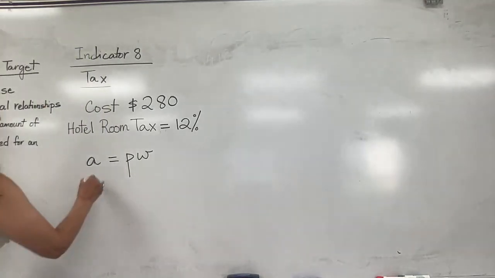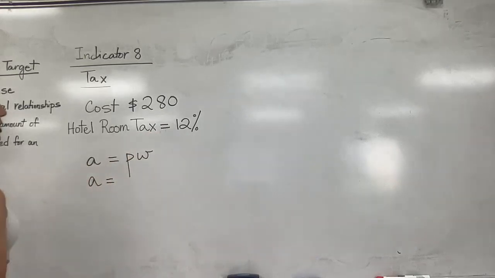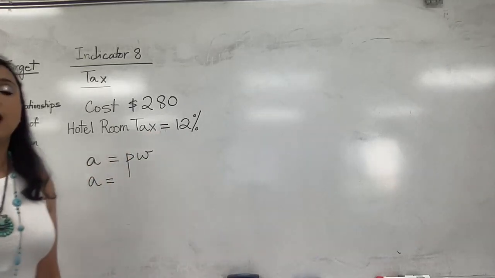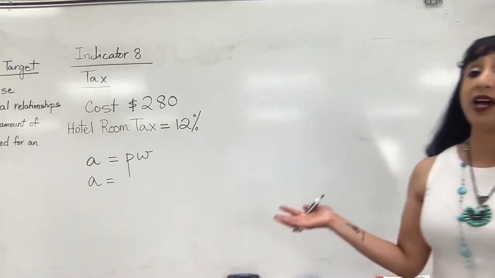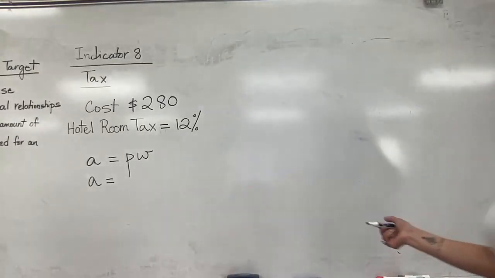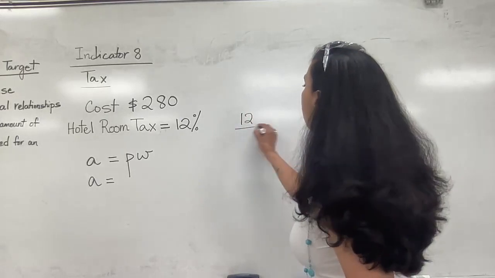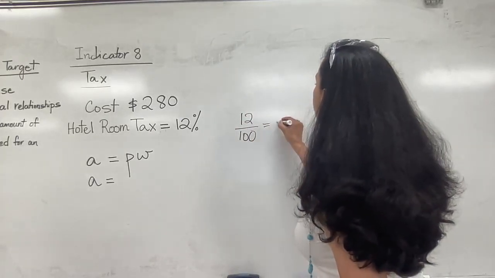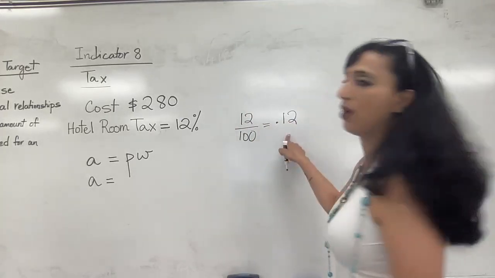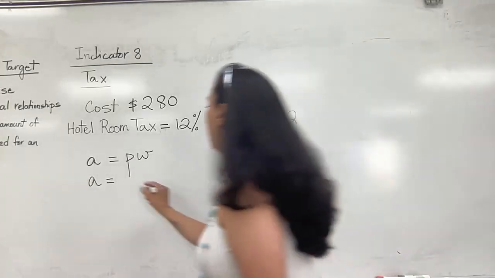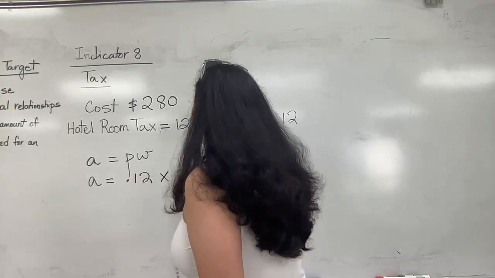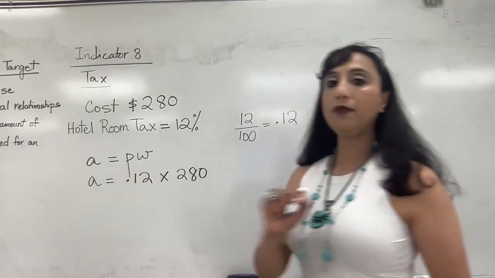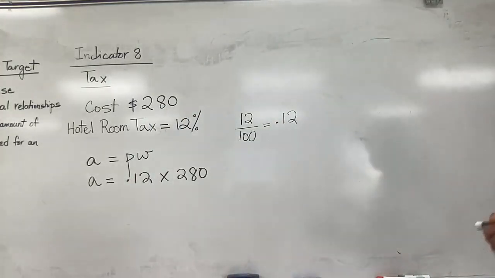So A is equal to, percent is 12%, which is 12 over 100. Okay, I can also write it as 0.12, right? Because what is 12% as a decimal? This is 0.12. So I can write it like this, okay? So 0.12 times 280. Okay, so now I'm going to go ahead and solve this.